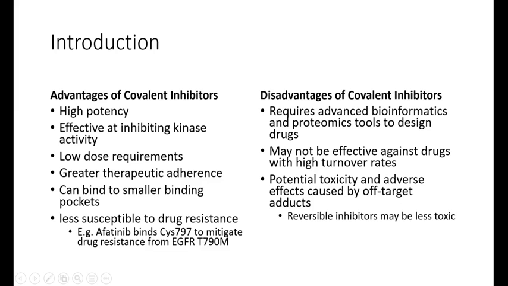There are several important limitations to covalent inhibitor drugs that should be considered, mostly related to drug design and potential toxicity issues. Designing covalent inhibitors requires advanced bioinformatics and proteomic tools to perform computational analyses on protein structures. Such computational tools have only been around since the early 2000s.